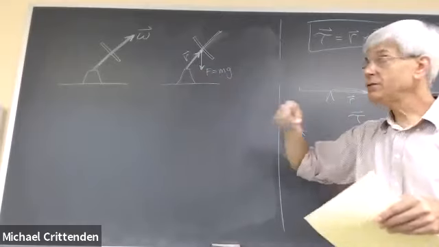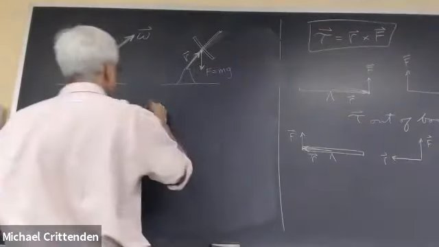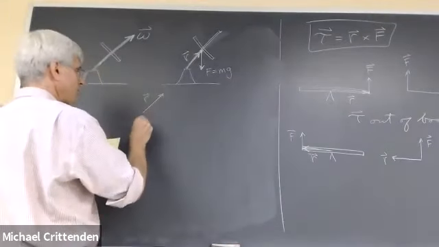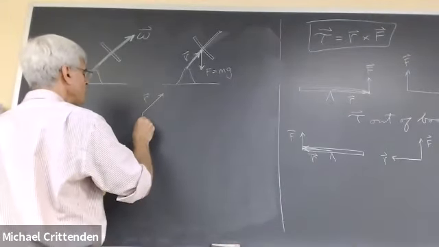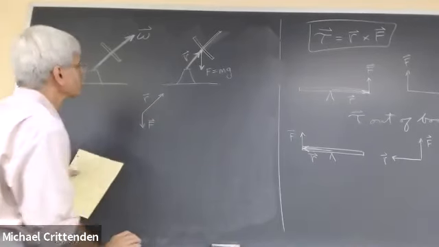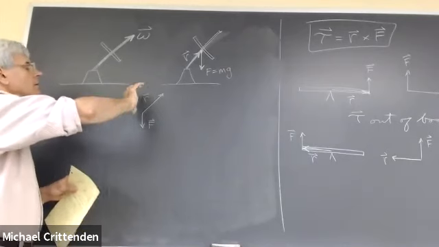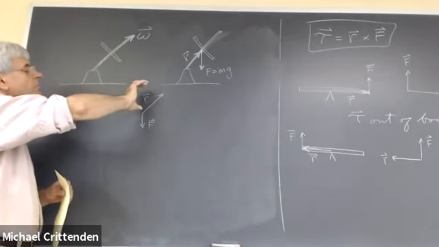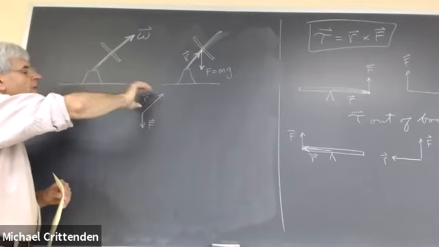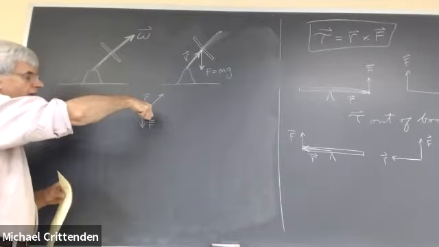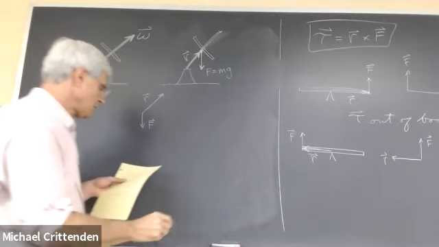And so if you do the right-hand rule, if you've got a radius vector that points that way and a force vector that points that way, rotate your fingers for a minute. Well, let's say make a point from R toward F. The right-hand rule says the torque vector points into the blackboard.